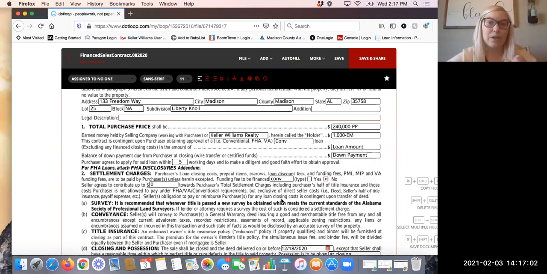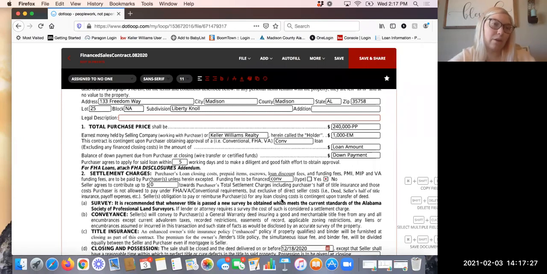Absolutely. I would encourage you guys to stay around the 1% mark though. Don't creep up there too high. If you're putting in an offer on a $150,000 house, there's no need to do a $5,000 earnest money. It's not going to benefit your buyer any more than $2,000 earnest money. Okay. So just be aware of that.